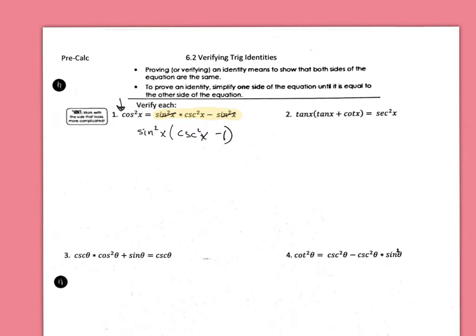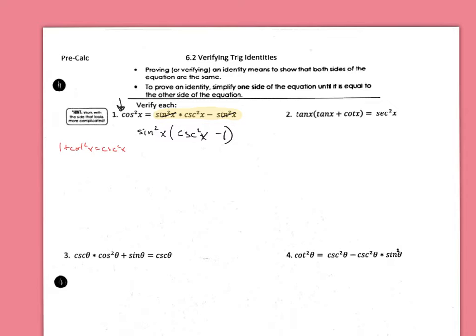Now remember, anything that has a term squared is probably a Pythagorean identity. If you look at the Pythagorean identities, I'm going to put this over here to tell you what I'm looking at. We have 1 plus cotangent squared equals cosecant squared.